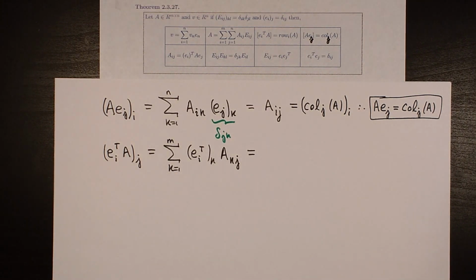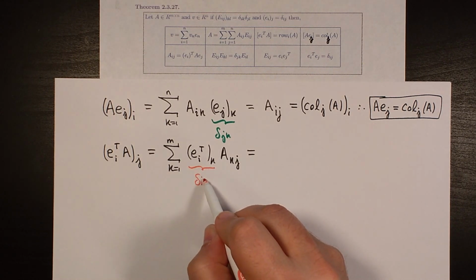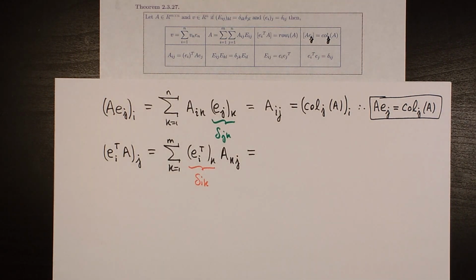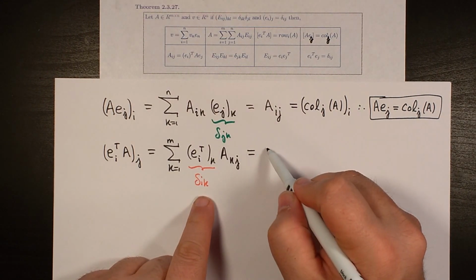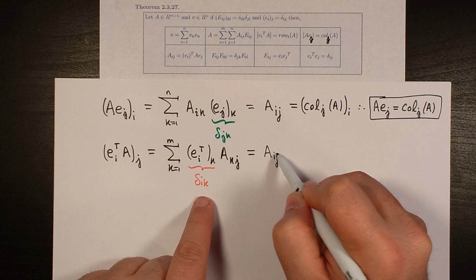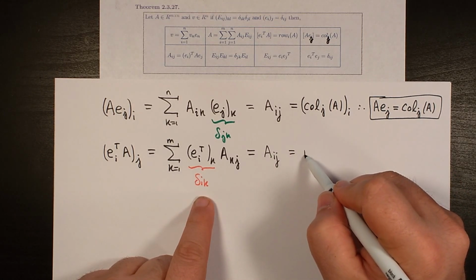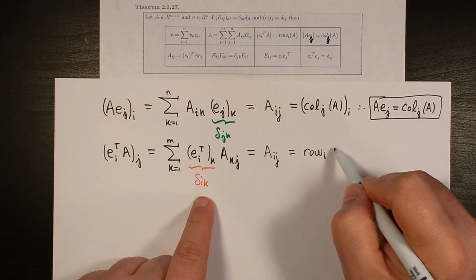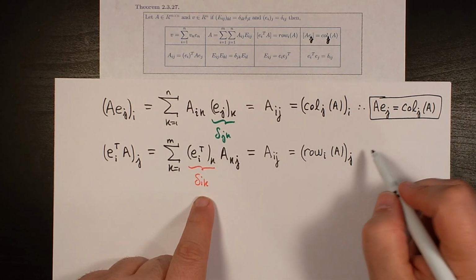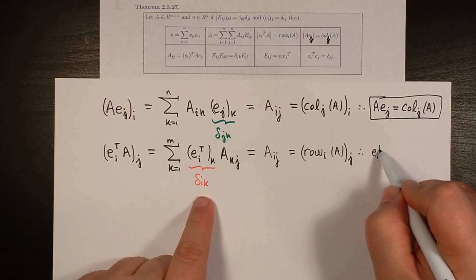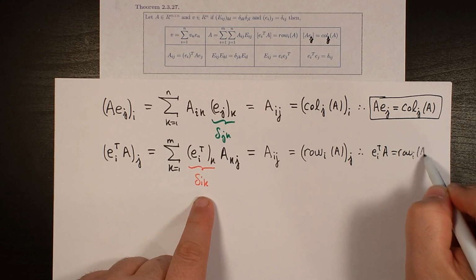Once more, the Kronecker delta helps. It's only non-zero when i is equal to k. The summation collapses down again to A_ij. But this time I say, aha, that is also the ith row of A and the jth component of that. And there you have it: E_i transpose times A is equal to the ith row of A.